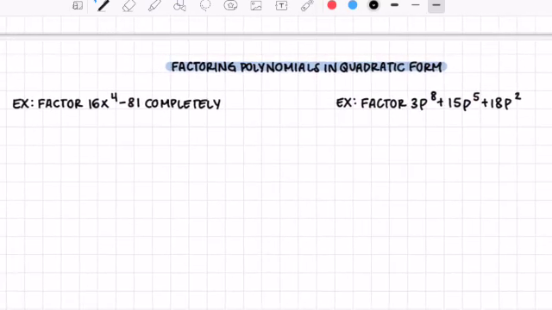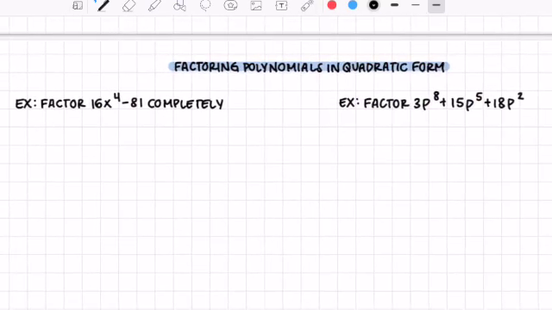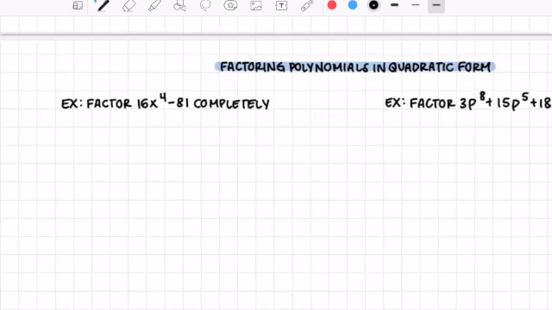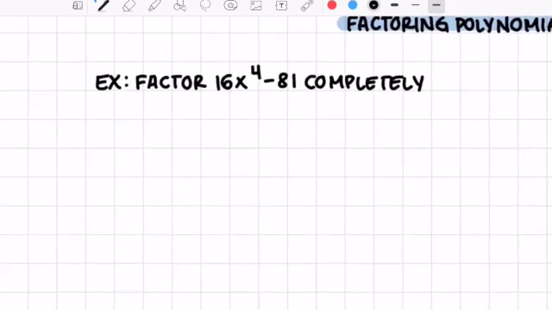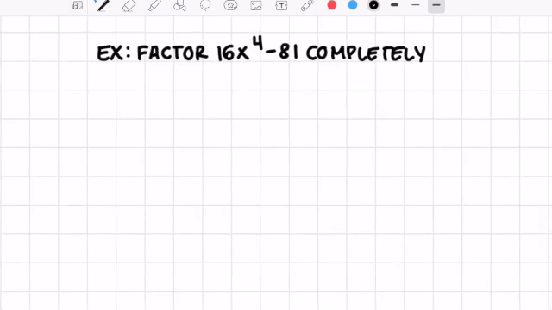Alright, next one is factoring polynomials in quadratic forms. So if I'm going to factor a polynomial completely, let's try out this one first. We have here 16 times x to the power 4 minus 81.